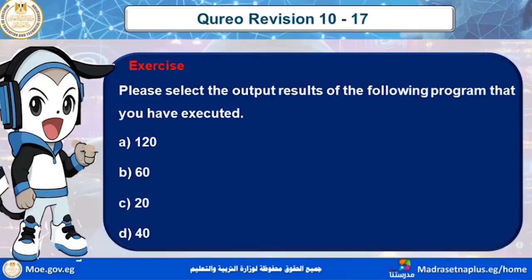Exercise. Please select the output result of the following program that you have executed. Here we will output results. But here we have an exam, we can't leave it. So if you count 20 years of results without removing any parts, it may be that you will have a laptop or PC.